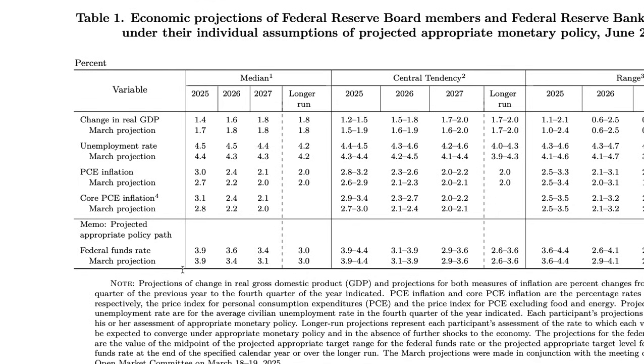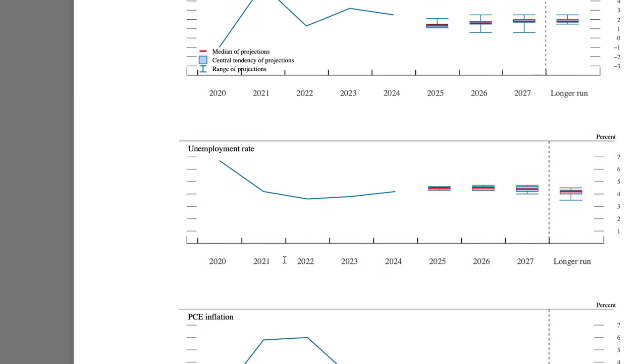Another interesting piece is that while the committee sees 3.9% as the federal funds rate for the year 2025, indicating 50 basis points of cuts, and that has not changed, they do see a higher federal funds rate for 2026 and 2027, which I think is interesting.